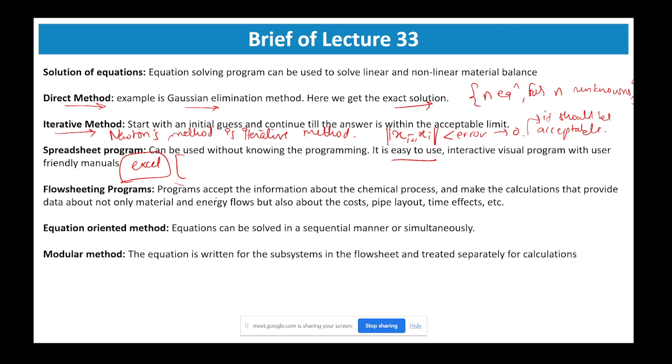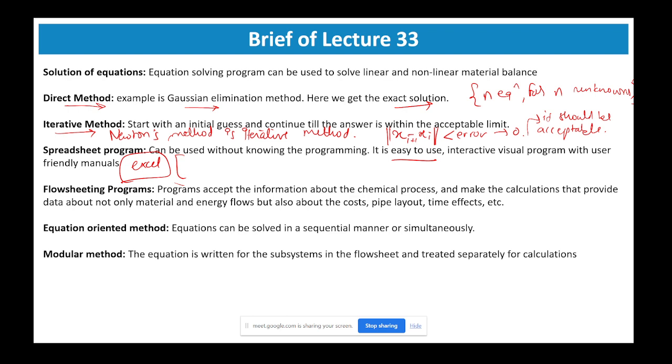The one problem you usually encounter with spreadsheet solutions is that for normal, easy to solve equations which are very simple in nature, even if they are large in number, you will easily be able to use spreadsheet programs to get the solution.